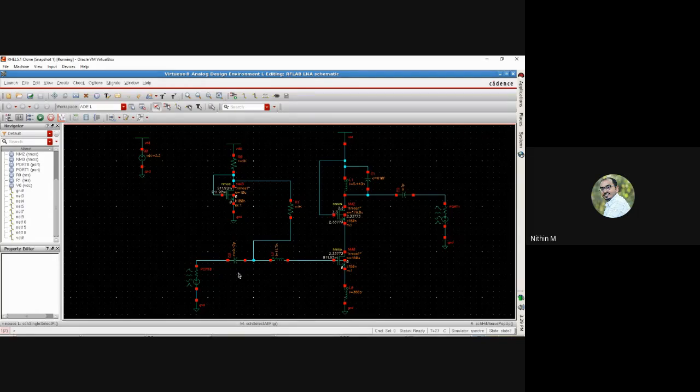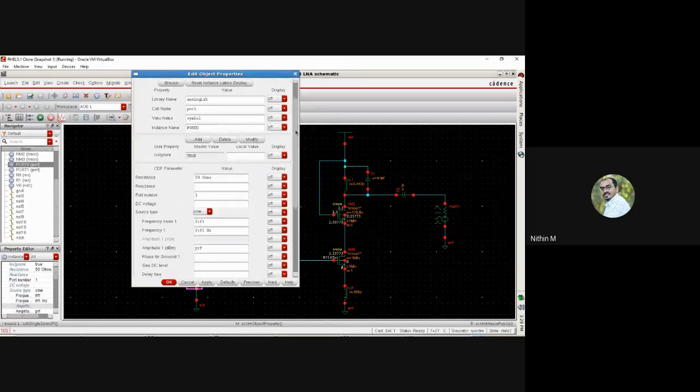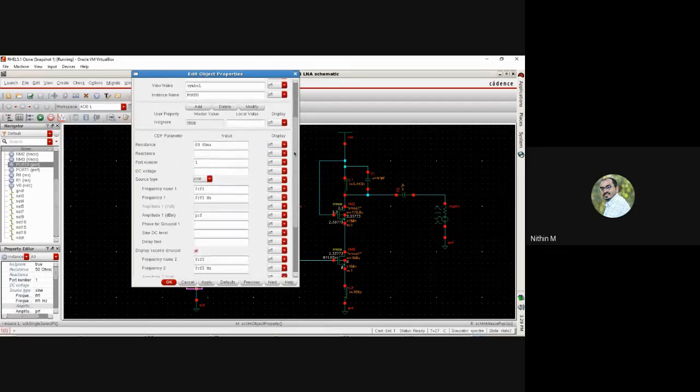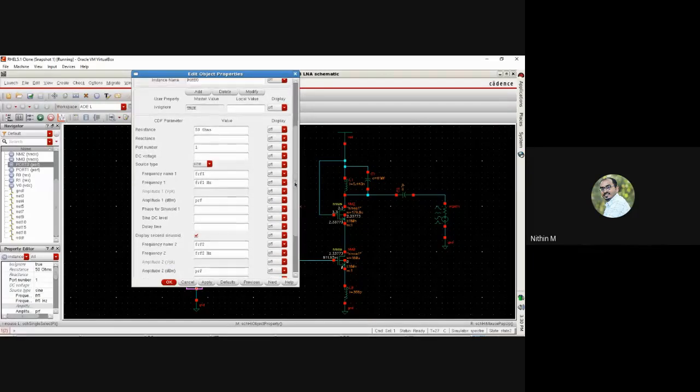For that, I should first go to the input component port. Till now we were using a single frequency. This is port number 1. The resistance is kept at 50 ohm, the standard impedance.